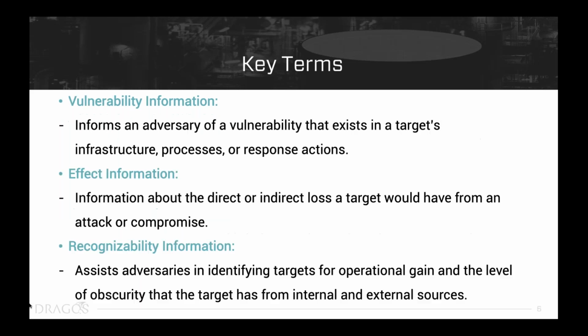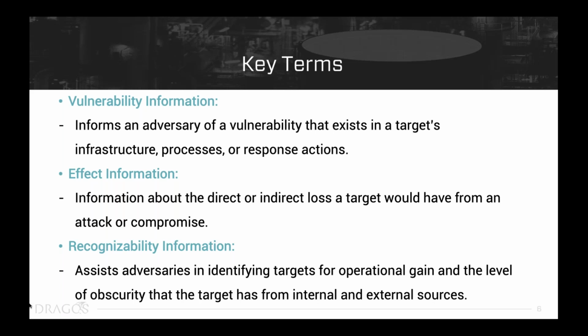Vulnerability information will inform an adversary of a vulnerability that exists in a target's infrastructure, processes, or response actions. So this can be anything from a vulnerability, for instance, all of the vulnerabilities that have been released in the last couple of months, which feels like a million, or the person that, okay, if this person gets hit by a bus, then our entire operations have to figure out what to do because none of us know what's in this guy's head.